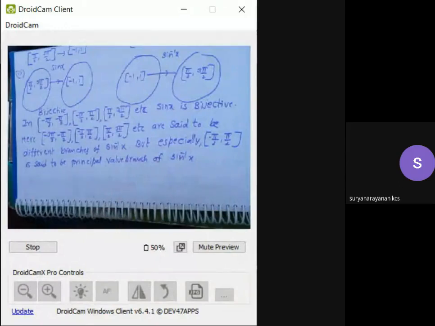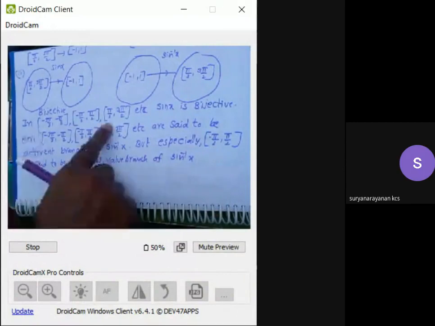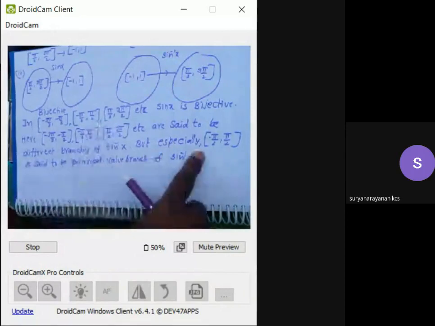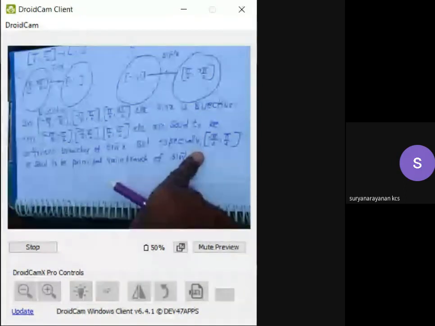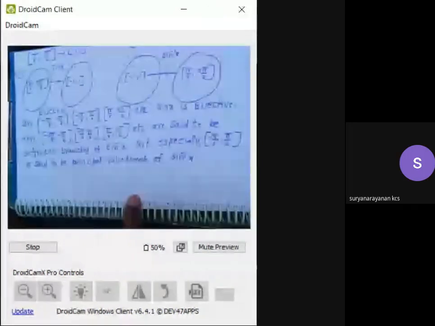Okay, my children, there are two types of branches. All the remaining are said to be branches of sine inverse x, but especially the closed interval [-π/2, π/2] is said to be the principal branch of sine inverse x. Similarly, we define the remaining inverse trigonometric functions.